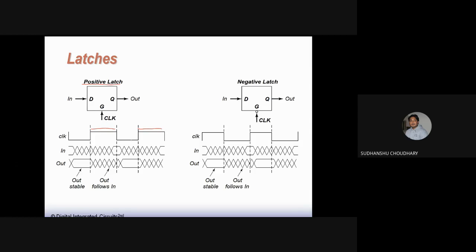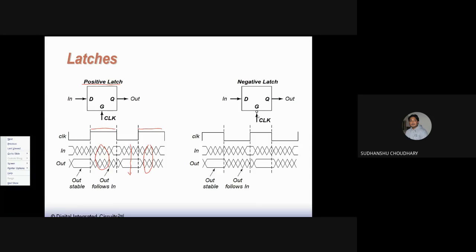It will copy whatever is the input to the output. Similarly, input is copied to the output here. And in this case, input is not copied to the output, because it is positive level sensitive, so no changes in the input will be reflected to the output.